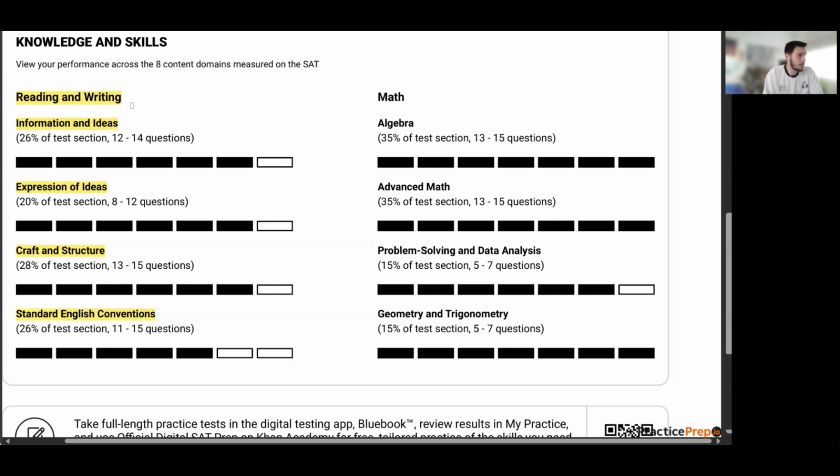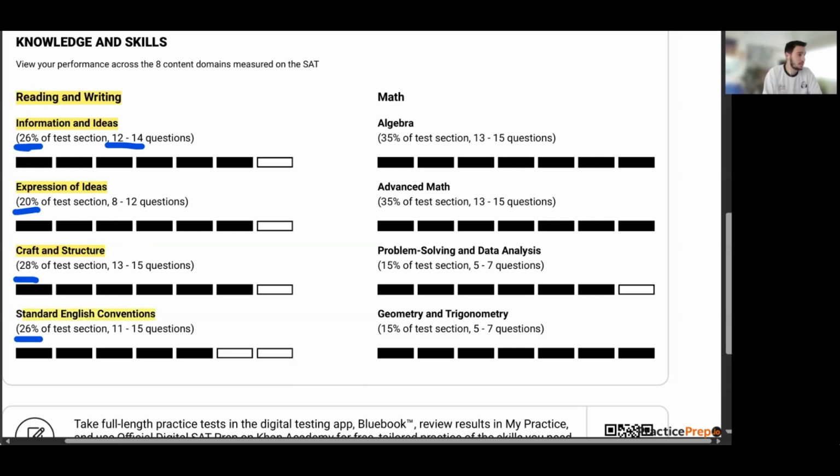Now, here we can see that these 4 skills are not equally distributed over the exam. Some skills or some questions are 26% of the exam, some are 20%, the others are 28%. So we see here a question count, generally how many questions we get depending on each skill. That means some skills are more important than others because they will give you more points than other skills.